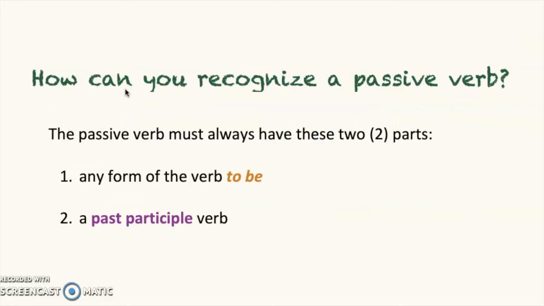How can you recognize a passive verb? The passive verb must always have these two parts. Any form of the verb to be and a past participle verb.